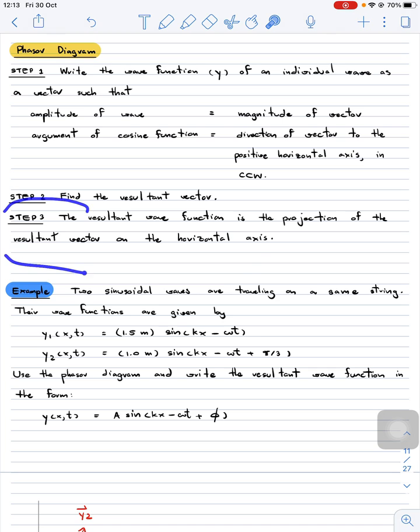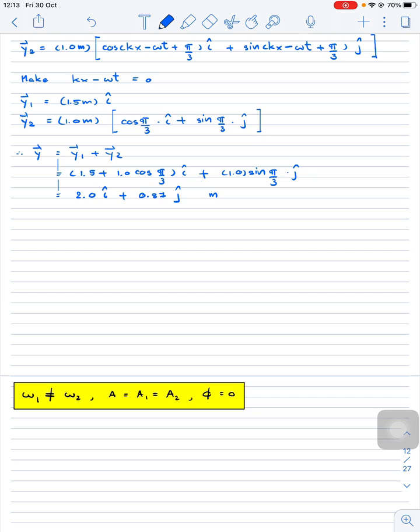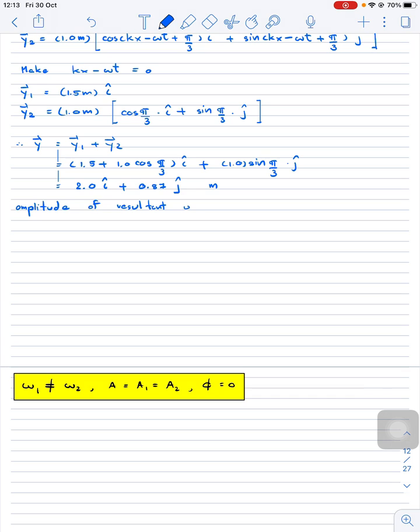For the next step, we need to convert this resultant vector to the resultant wave function. Don't forget that the magnitude of the vector is just the amplitude of the wave, and the direction of the vector is going to be the argument of the function. Then finally we can get the amplitude of the resultant wave function.